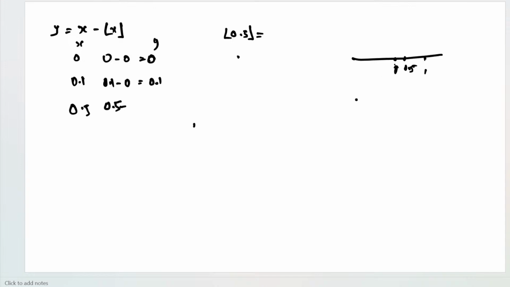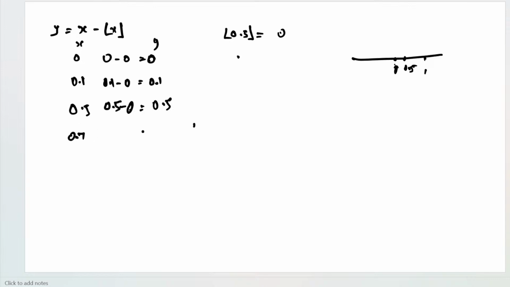The integer which is left of this one should be 0. Yes, that is what I'm telling. It is 0.5 minus 0. Okay, got it. I got confused, I thought you were telling about this one. Sorry.